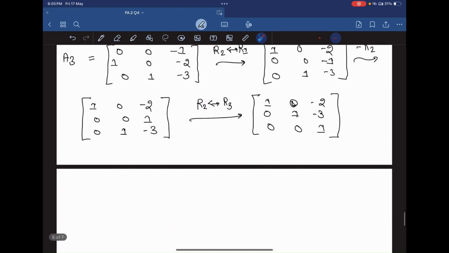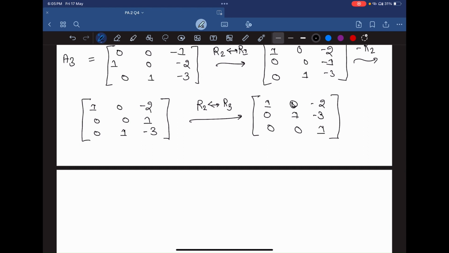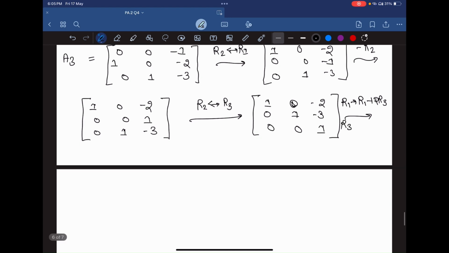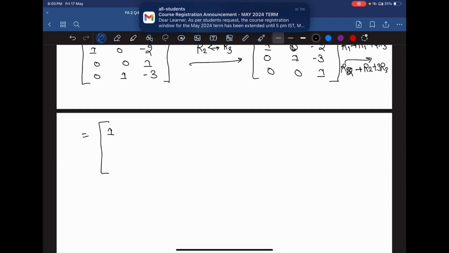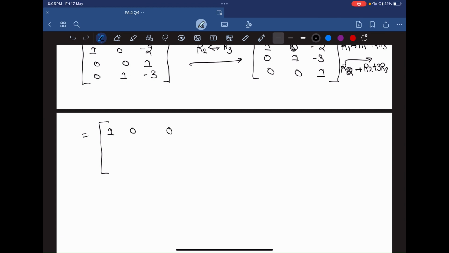So basically we have to make these entries 0, and that we can do by the row operations R1 plus 2R3, and R2 plus 3R3. So the matrix you will get is 1, 0, 0, 0, 1, 0, 0, 0, 1. So now this matrix is in its reduced row echelon form.